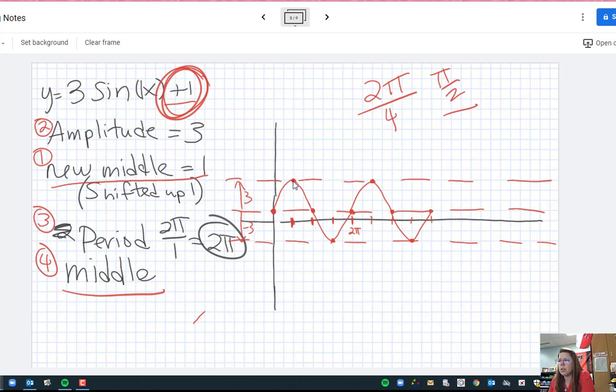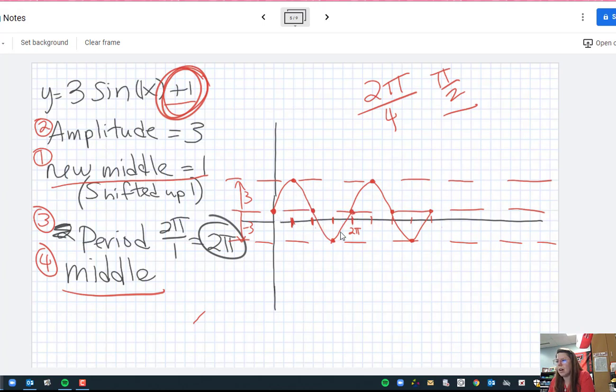So middle, then to the top point at the first quadrant, then back to the middle at the next quadrant. Notice that I also didn't go from top to bottom immediately. I have to stop back at the middle before I get to the bottom point down here. So middle, top, middle, and then starting at the middle, bottom, back to the middle.